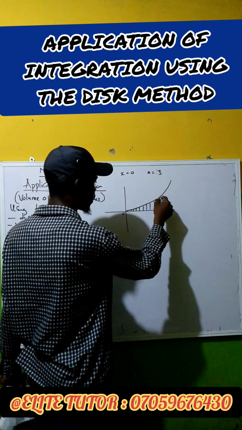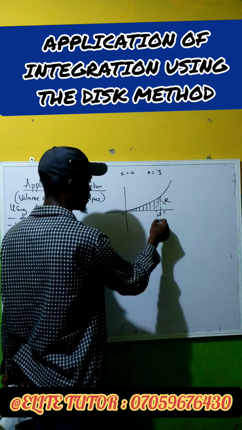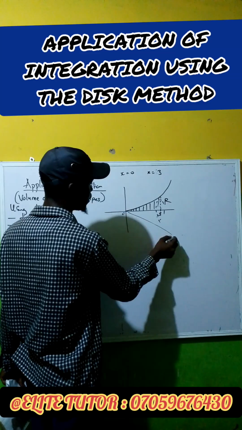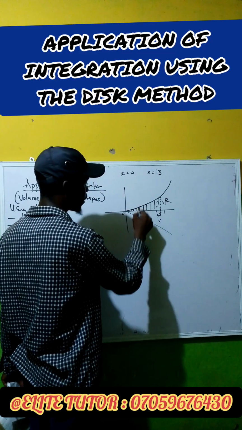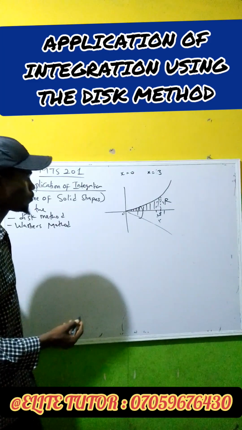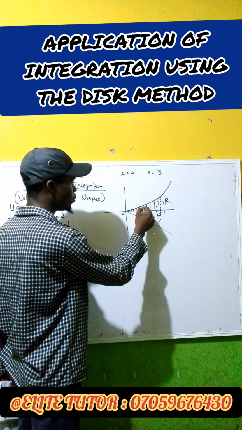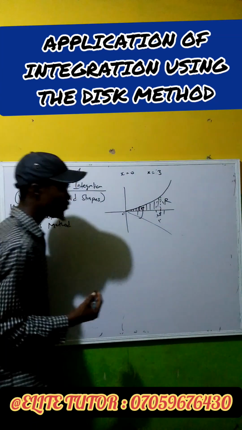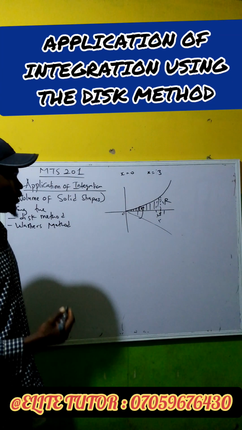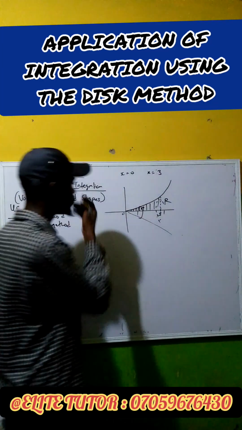As this one is now, I can decide to have my radius like this, and another small radius here. So this is my big radius, and here I'm having my small radius. But the distance between the curve and the axis is what you call your radius.